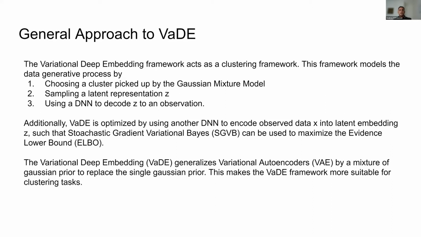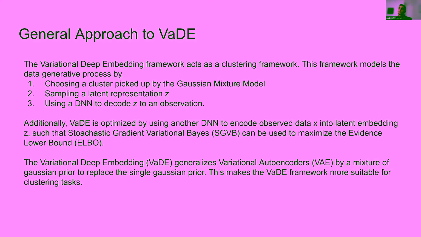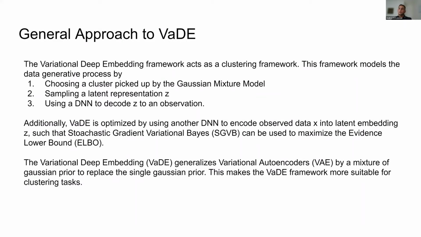And the variational deep embedding is optimized by using a deep neural network to encode the observed data into a latent embedding. We can use the stochastic gradient variational Bayes to maximize a statistical measure called the evidence lower bound. And that's how we are able to associate an observed model with the statistical priors that drive the latent variables.